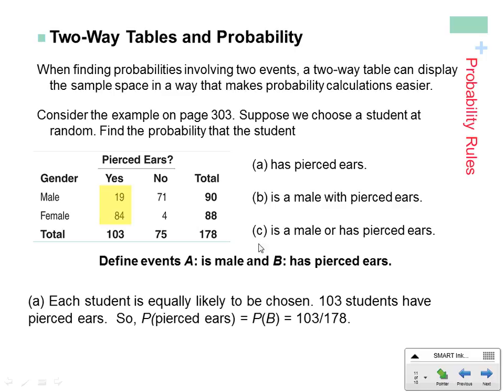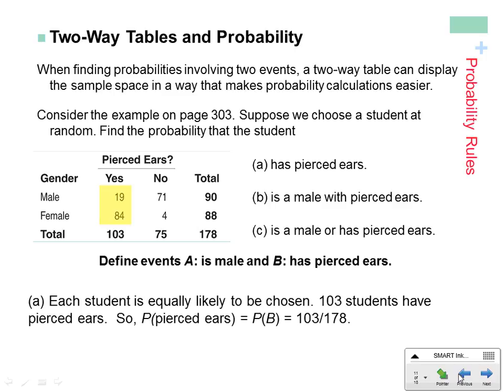It's that pierced ears column. Hopefully you make that clear. The decimal for that is 103 divided by 178, which is roughly 0.579. I would also write that as a probability. Don't just leave it as a fraction.